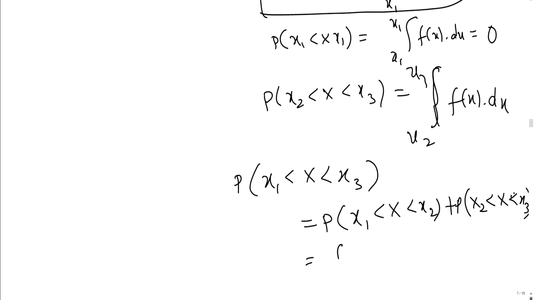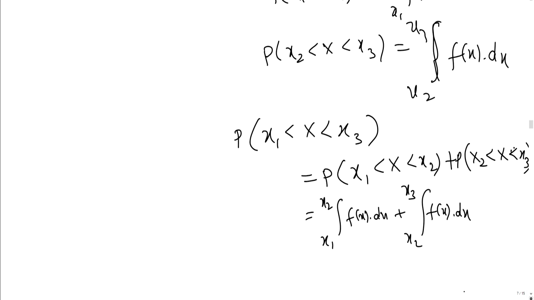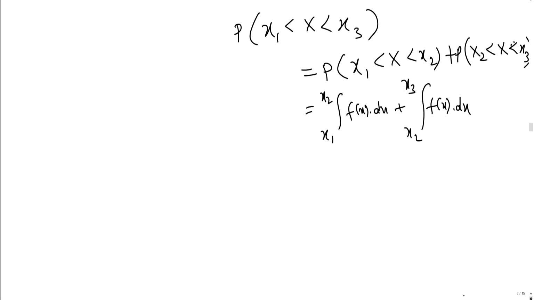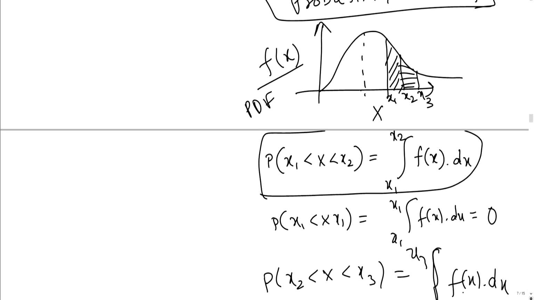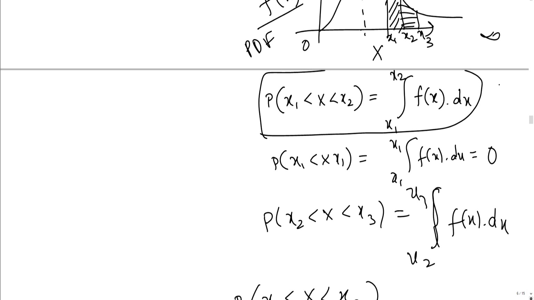So, it is the area under the curve between x1 and x2 plus the area under the curve between x2 and x3. Now, you can apply the same property to think what would be the area under this whole curve. In this case, we were interested in the area between 0 and infinity, because that is our sample space, those are the values x can take.